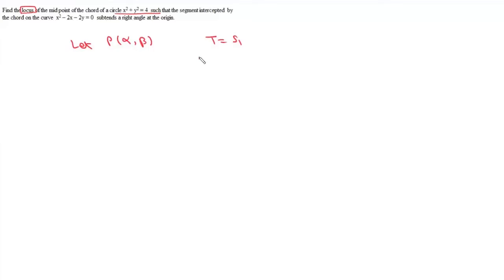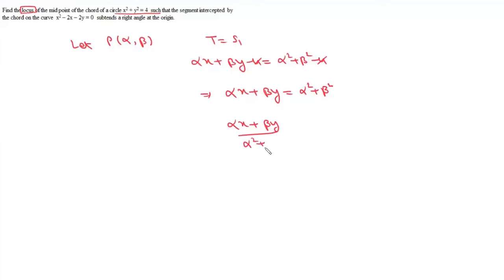Now this T will be alpha x plus beta y minus 4, and that will be equal to alpha square plus beta square minus 4. Now this 4 and 4 will cancel. So the equation of this chord will be alpha x plus beta y equals alpha square plus beta square, or we can write this as (alpha x plus beta y) upon (alpha square plus beta square) equal to 1.